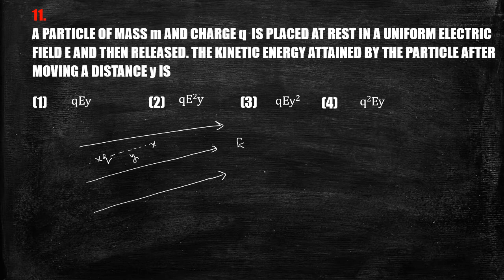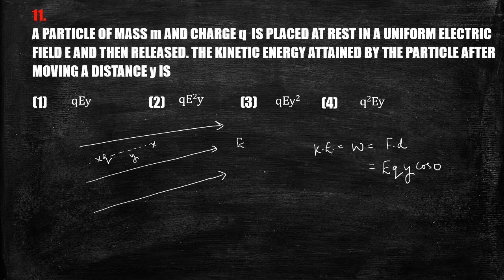The kinetic energy attained by the moving charge on moving through a distance y is the work done by the electric field to move the charge q through the distance y. That is, kinetic energy is equal to work done is equal to F dot d. Here F is equal to Eq, that is the force on charge q by the electric field E. Eq into d, d is nothing but y.